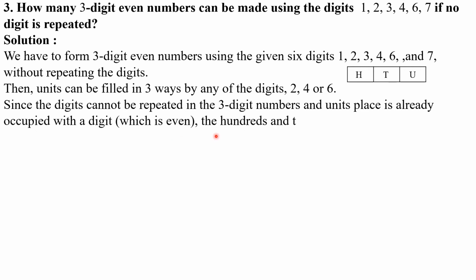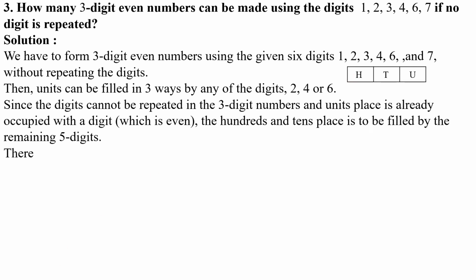Then what are the places left here? The hundreds place and tens place are to be filled by the remaining digits. How many digits remain? 5 digits remain. In how many ways can this be done? 2 empty boxes, hundreds place and tens place, should be filled with 5 digits. So it is the number of permutations of 5 digits taken 2 at a time. Understood this point, my children?